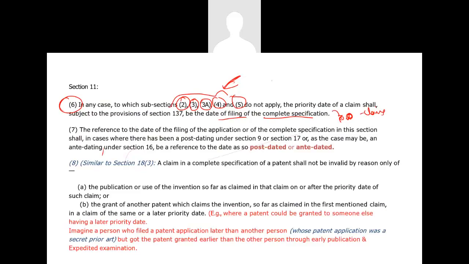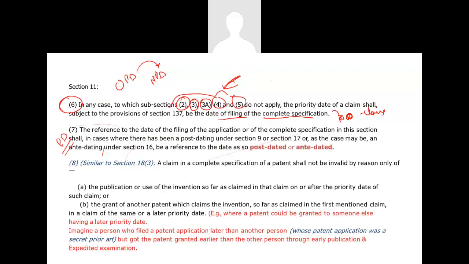Section 7 is simple, which says that if this priority date is post dated, and there is a separate lecture of 1.5 hours just on post dating itself, you can look at it afterwards. So it says wherever a priority date has been post dated, wherein the original priority date, OPD, was requested to be post dated to a new priority date, NPD.